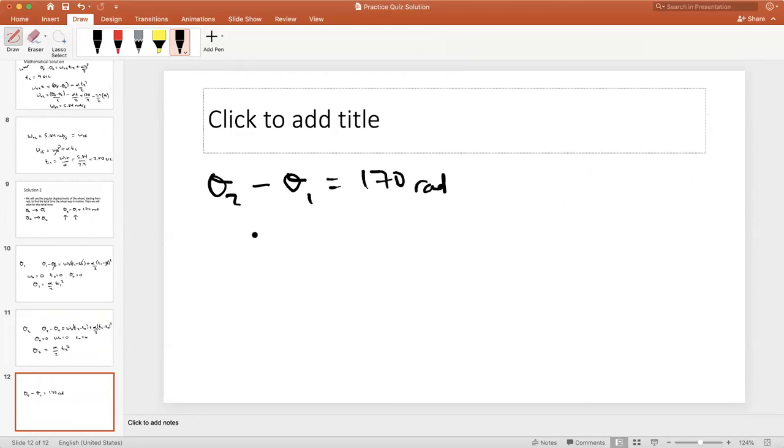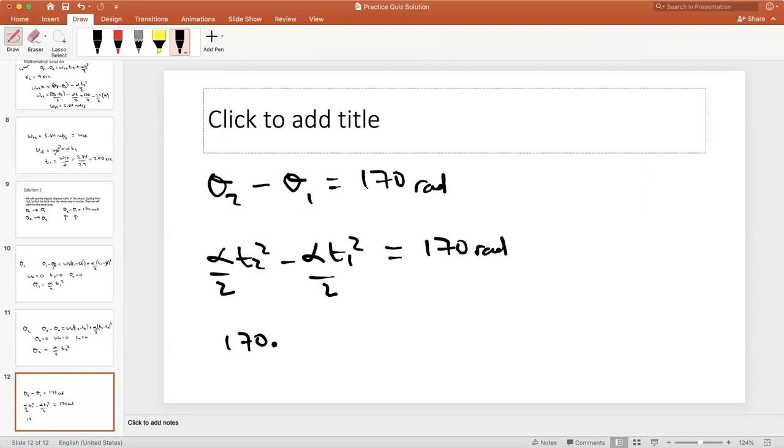And if we plug in that theta 2 was alpha over 2 times t2 squared minus alpha times t1 squared over 2, that is equal to 170 rad. That means that 170 rad is equal to alpha divided by 2 times t2 squared minus t1 squared.